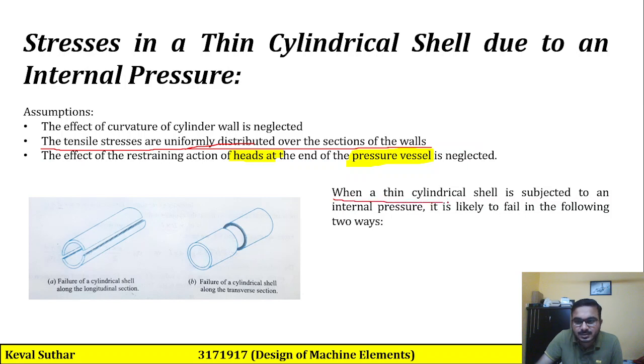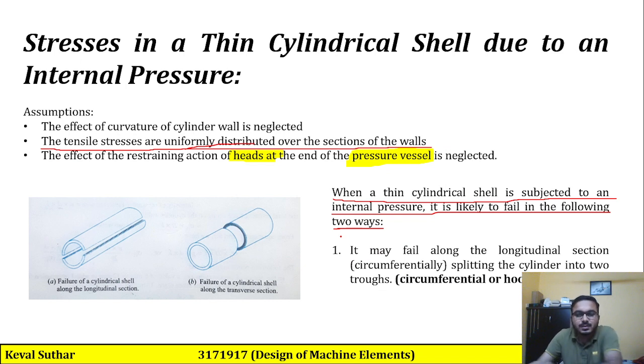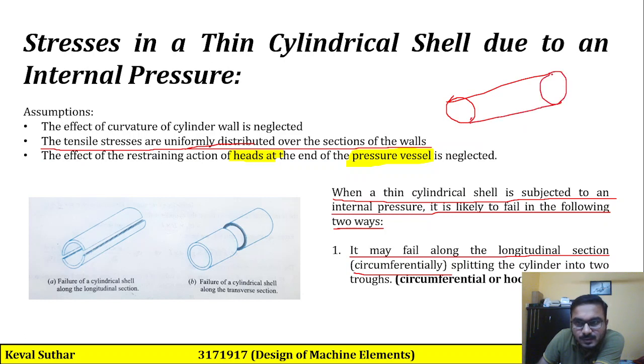When a thin cylindrical shell is subjected to an internal pressure, it is likely to fail in two ways. First, it may fail along the longitudinal section, that is circumferentially. As you can see, if we focus on the first figure, then what is the circumference?